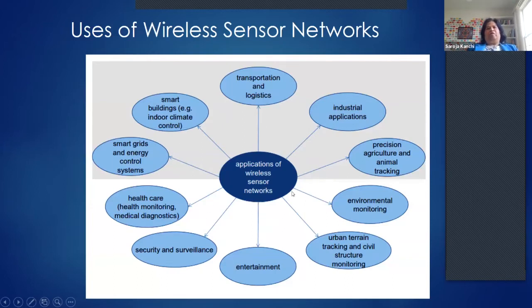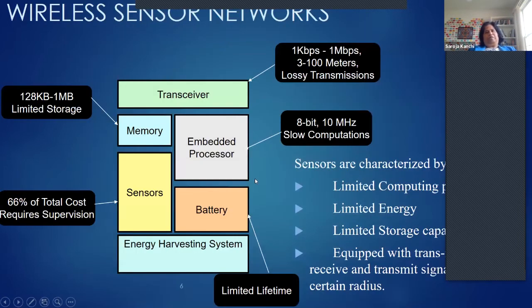As I said, it's been exploding. We can use sensors in industrial robots, industrial applications, in agriculture, animal tracking, environmental monitoring, entertainment, of course, security and surveillance. Nowadays, our phones, everything is equipped with sensors, and one can then collect information of sensors and process it for various purposes.